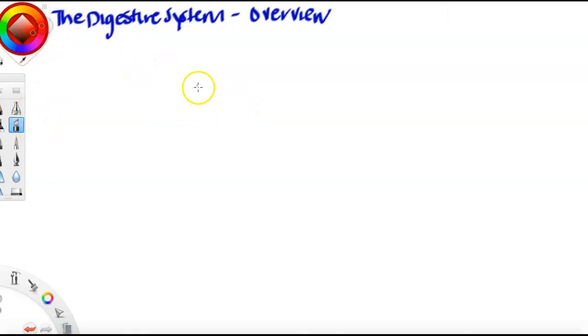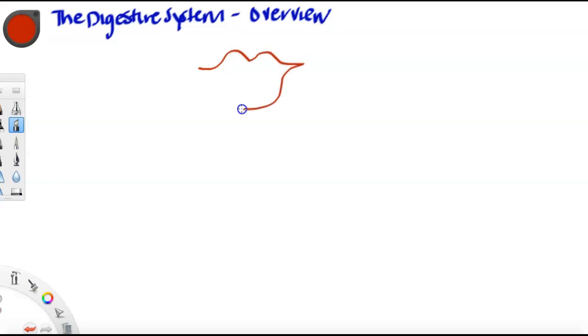All right, so the digestive system essentially is a tube. It's a tube that starts at the mouth.